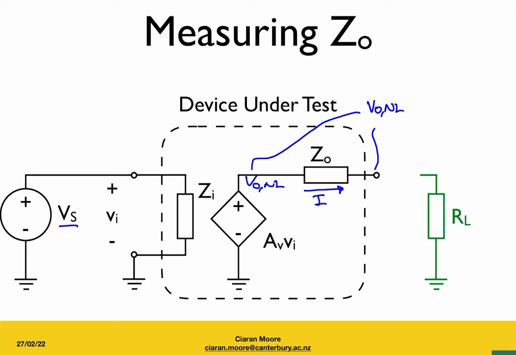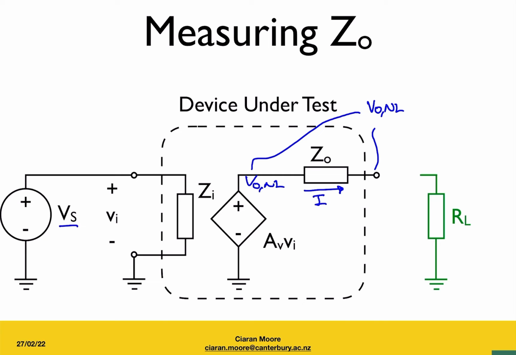And if there's no current through an output impedance, or any impedance, then there is no voltage drop across that impedance. And so the voltage we measure at the output is the same as the voltage, hypothetically, inside the circuit before the output impedance, even though that's not really a physical location.